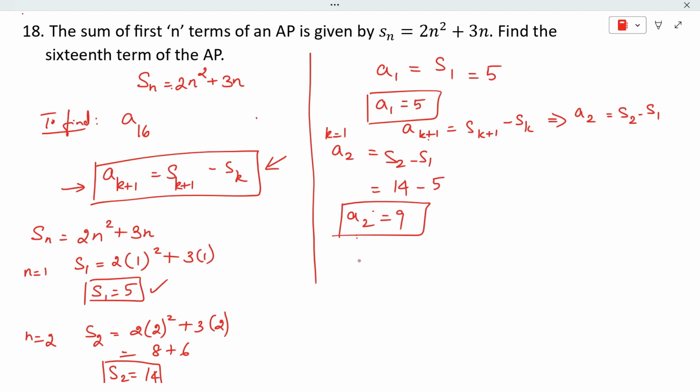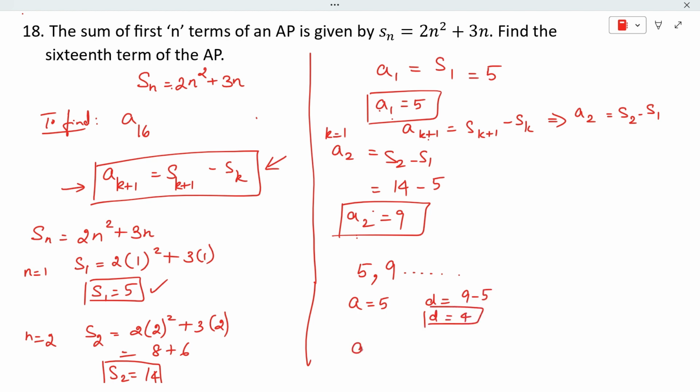Now can I frame the sequence of the AP? The first term is nothing but A1, which is also known as A, that is 5. The second term of the AP is 9, and it goes on. So from here I can identify A as 5 and D as 9 minus 5, which is 4.